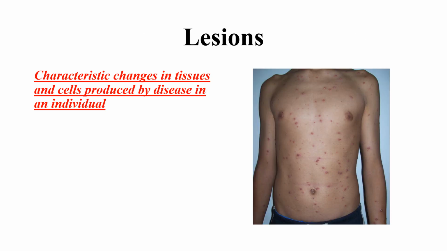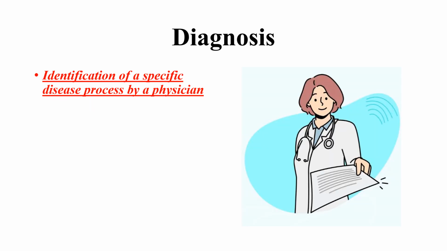Next is lesions. Lesions are characteristic changes in the tissues and the cells produced by disease in an individual. Here you can take the example, as I have shown in the picture, of chickenpox. These are the characteristic lesions which will be produced by that particular disease. Next is diagnosis. Diagnosis is the identification of what disease a patient is having.